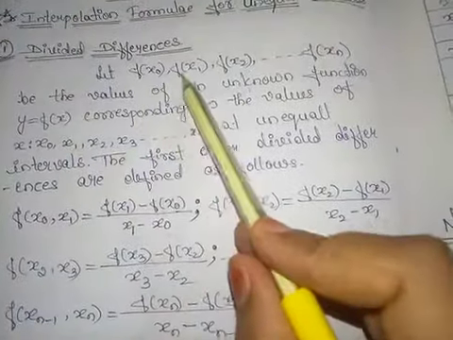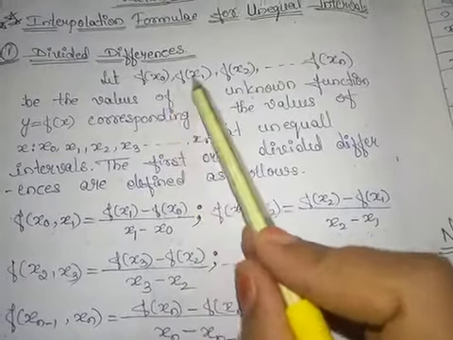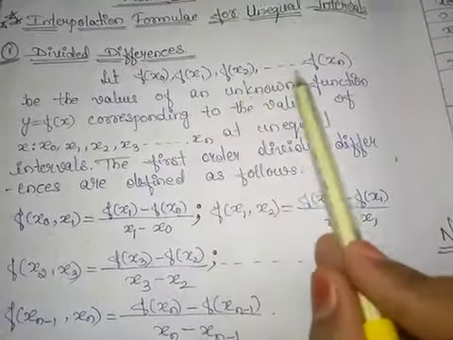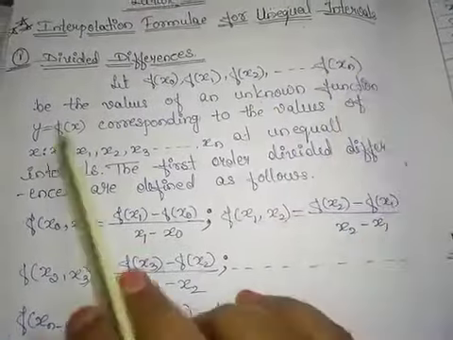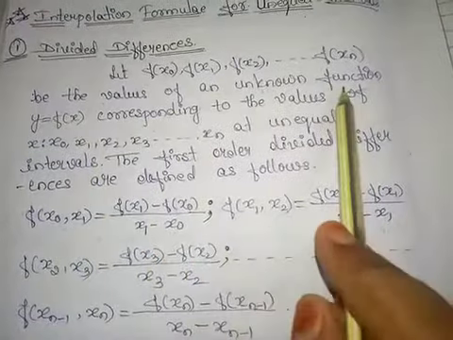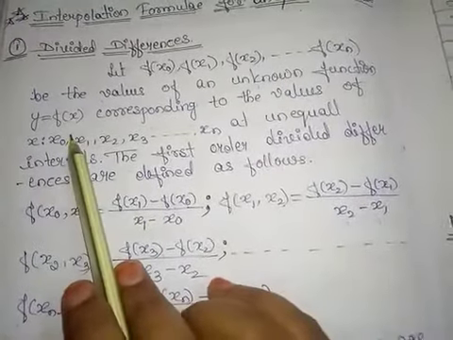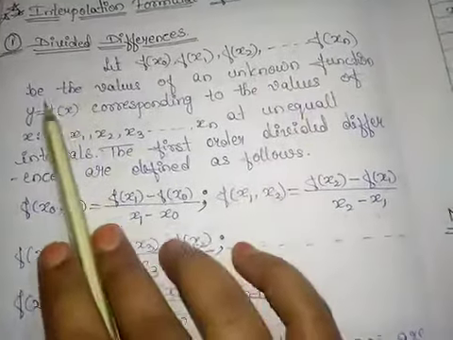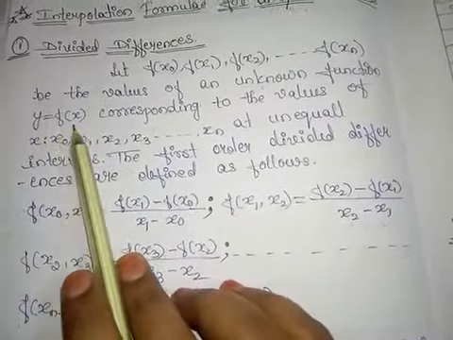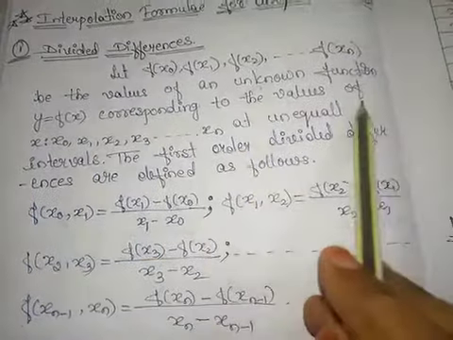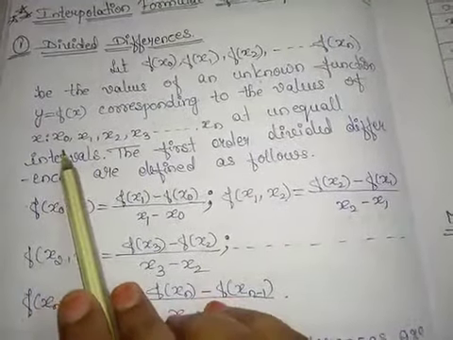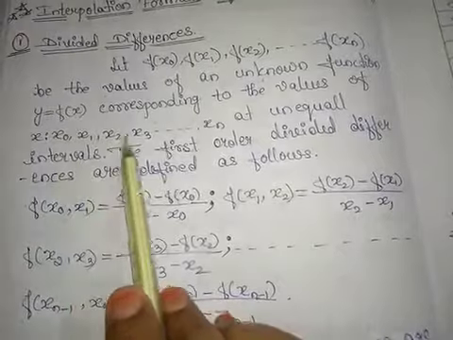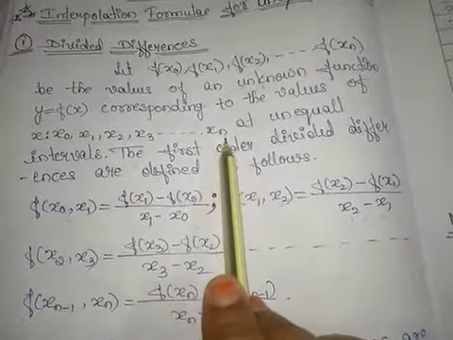Let f of x0, f of x1, f of x2 and so on to f of xn be the values of an unknown function y is equal to f of x, corresponding to the values of x, where the x values are x0, x1, x2, x3 and so on to xn.